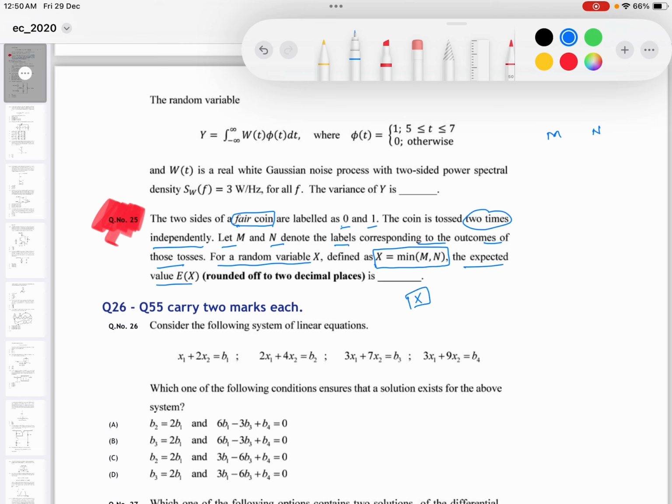In actuality it is a function that takes the samples as input and maps them to some real number. So that is another point, but let's solve this question. So what could be the possible values of m and n? We are performing two tosses, so m could be 0, n could be 0; m can be 0 and n 1; 1 and 0; and 1 and 1, right?